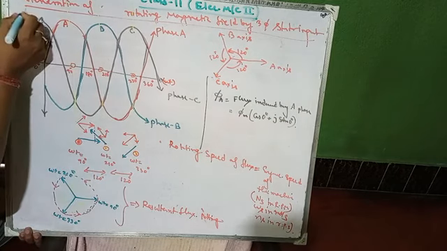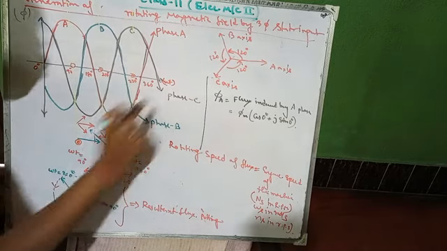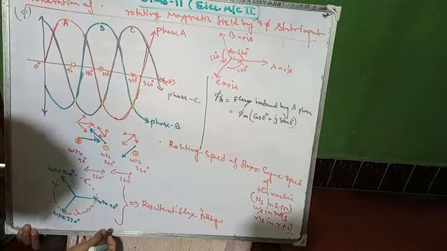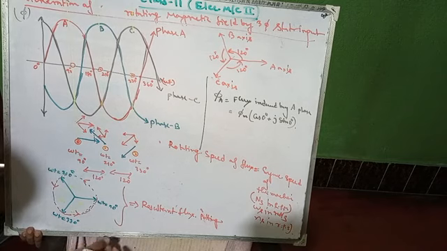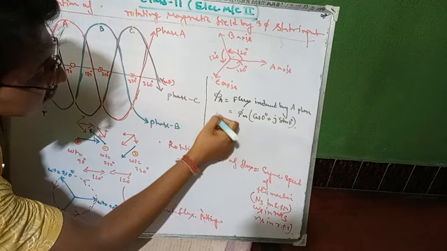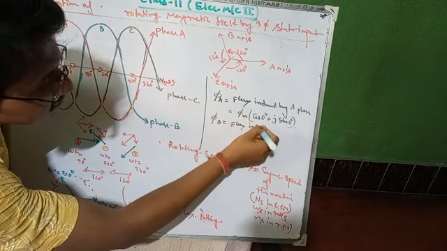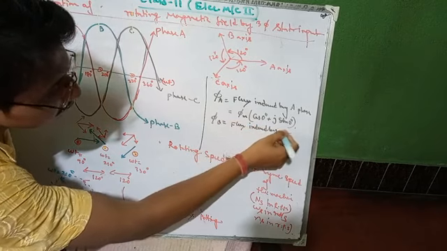Suppose we are taking flux, so we are plotting actually the flux over here. Okay. So flux per omega t. Okay. So phi of M cos 0 plus j sine 0. Okay. And phi of B equals to what? Phi of B equals to flux induced by B phase.